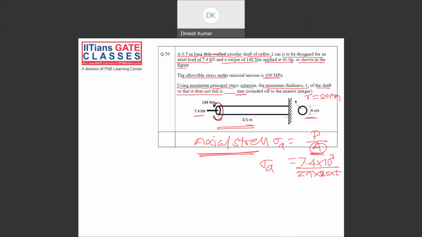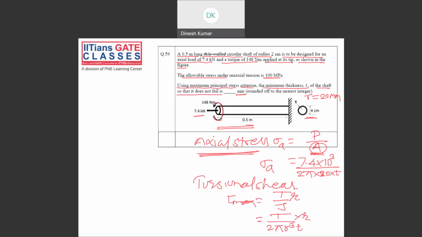Now, if you see, it is also subjected to torque. So you will have torsional shear, and your tau max will be T by J into R. Now what is the J for a thin wall? It is 2 pi R cube T.